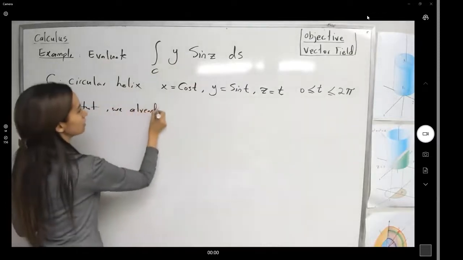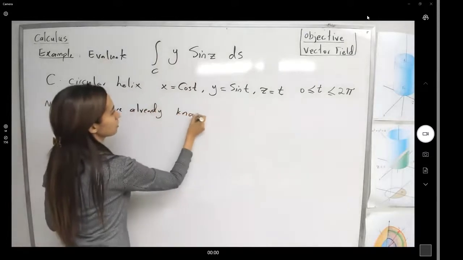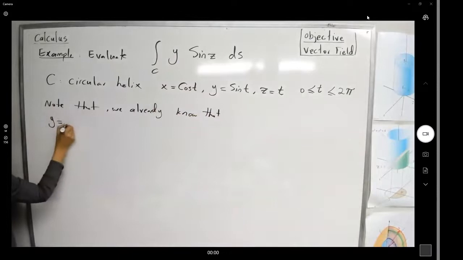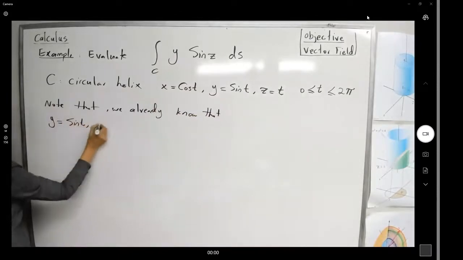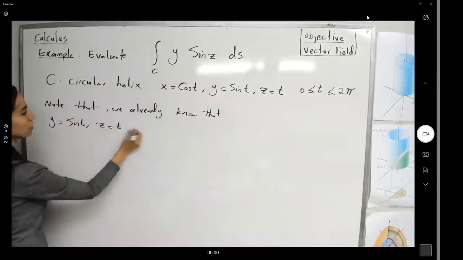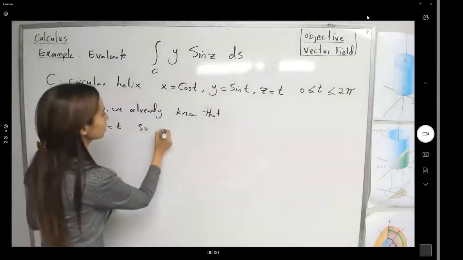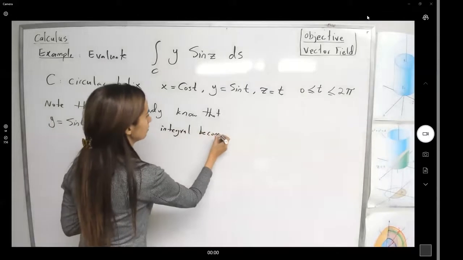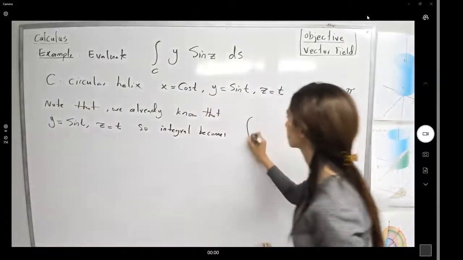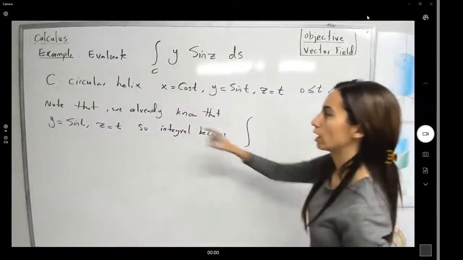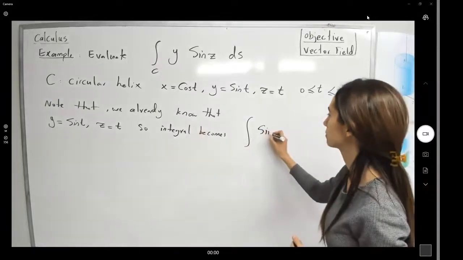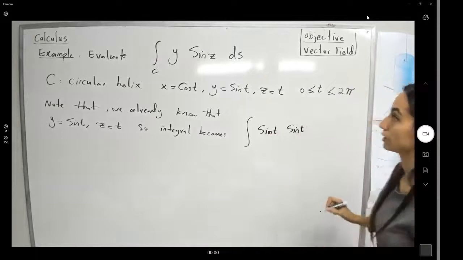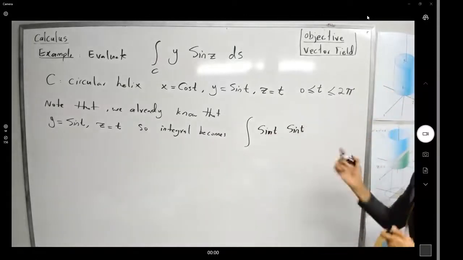We already know that y is equal to sine t and z is equal to t. So the integral becomes the integral of sine t times sine t, and now ds.